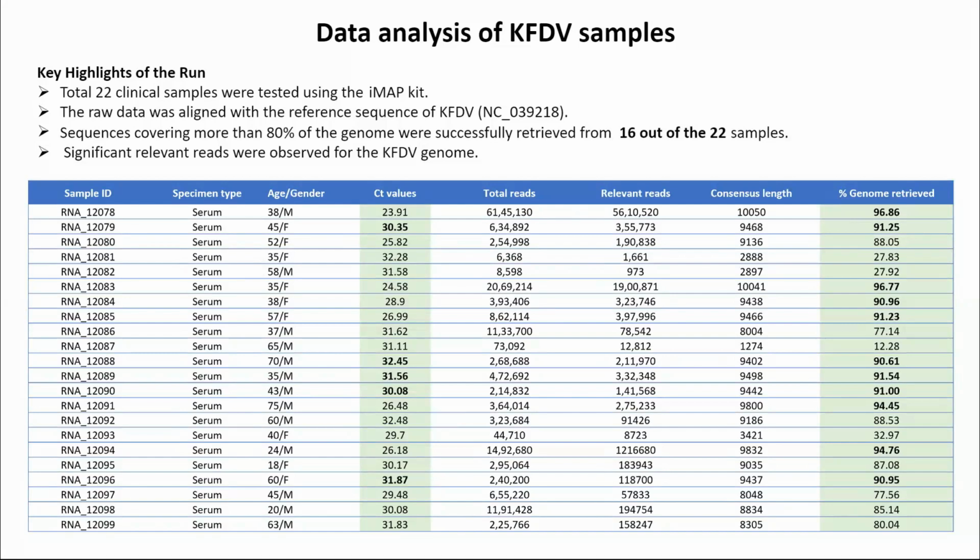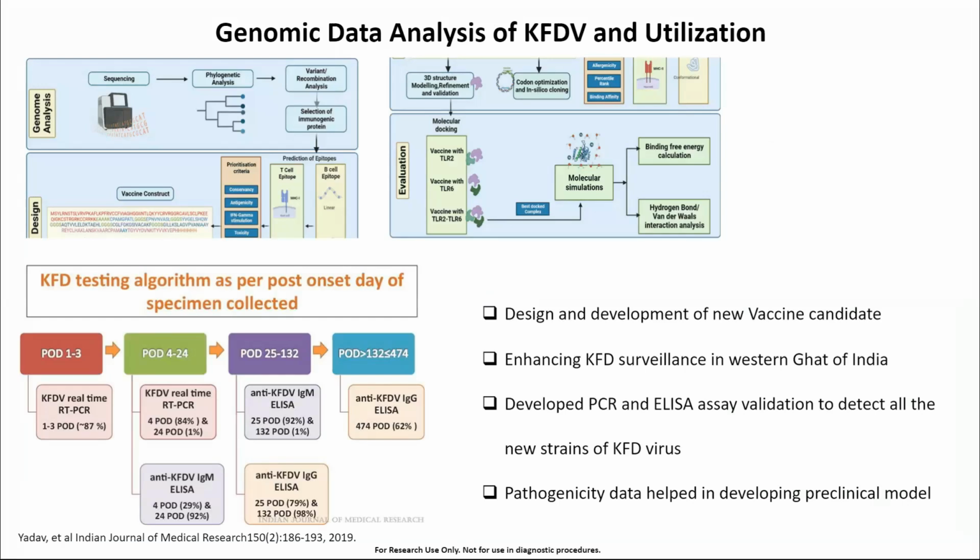The recovery was very good. Even with a CT value of 32, we could recover the sequences, which really helps not only in designing the new vaccine, but if we are going to make an inactivated vaccine, or do any further analysis using bioinformatics approaches, it can help us understand. It can also enhance and improve KFD surveillance.